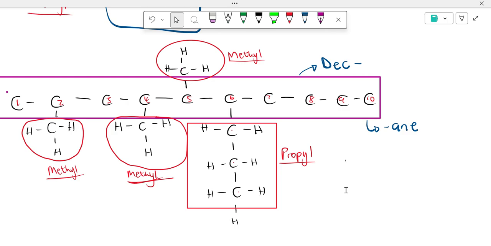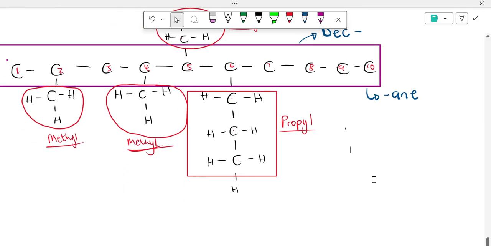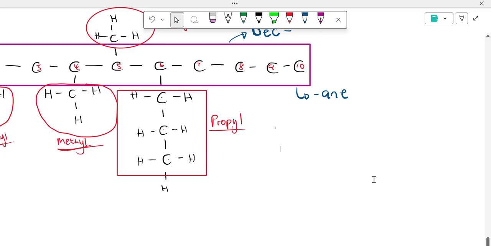Aha, the methyl, right? Because P is A, B, C, D, E, F, G, H, I, J, K, L, M, N, O, P, Q, R, S, T, U, V, W, X, Y, Z. So the M comes first. So the name of this compound will be 2,4,5-trimethyl.